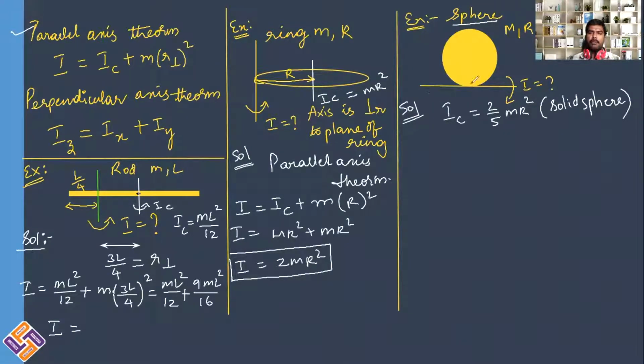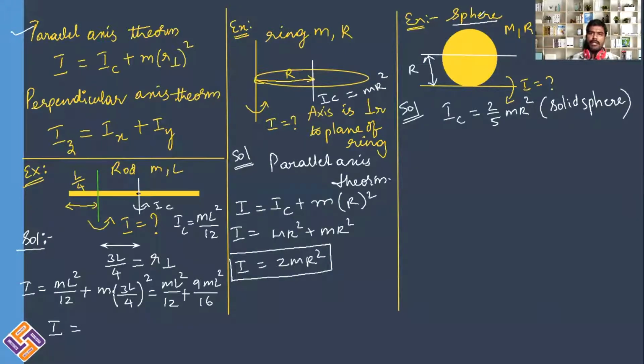I want to now calculate the moment of inertia with respect to this axis. So what should you do? You should consider one axis which is passing through the center of this sphere, and the perpendicular distance between these two axes will obviously be equal to r.